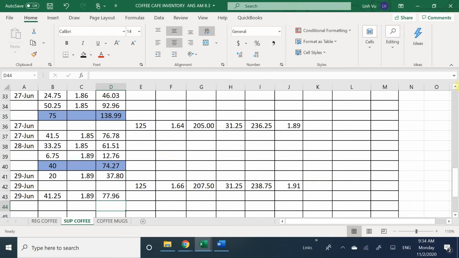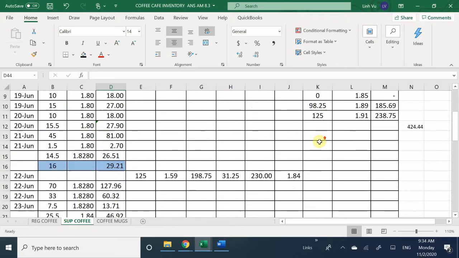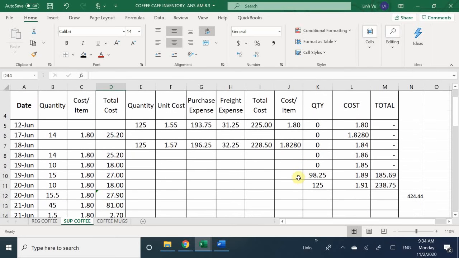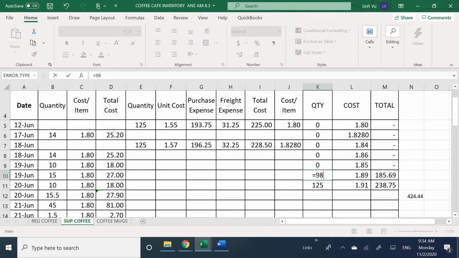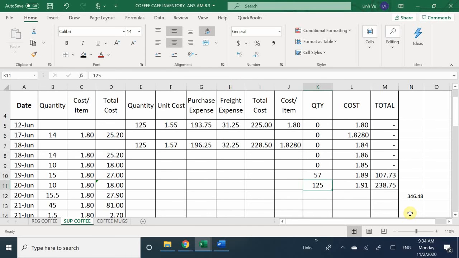So 41.25. Once we subtract, there should be 57 even pounds left in that. 57 even. Yep. So that means your grand total needs to be at least 346.48.